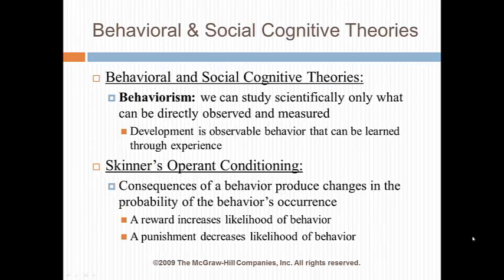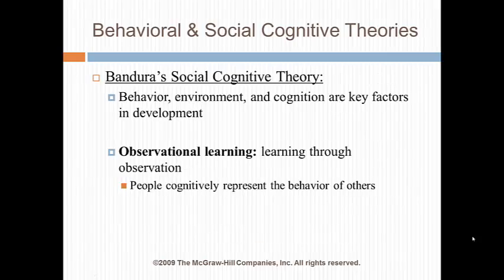The behavioral and social cognitive theories emphasize what is seen and can be measured. Skinner believed consequences of a behavior produces changes in the probability of the behavior's occurrences. For example, rewards and punishments will increase or decrease a behavior. Bandura founded the social cognitive theory, which states that behavior, environment, and cognition all impact each other and are key factors in development.